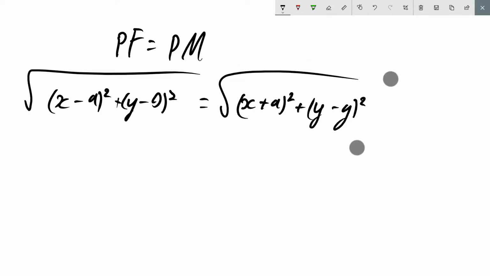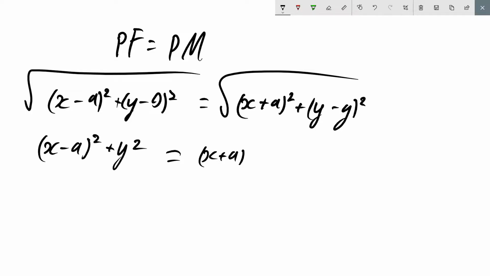Now we can simplify that so we're just left with x plus a, but we're going to square it anyway, so let's just do that. So now we'll have x minus a squared plus y squared. It's going to equal x plus a squared.